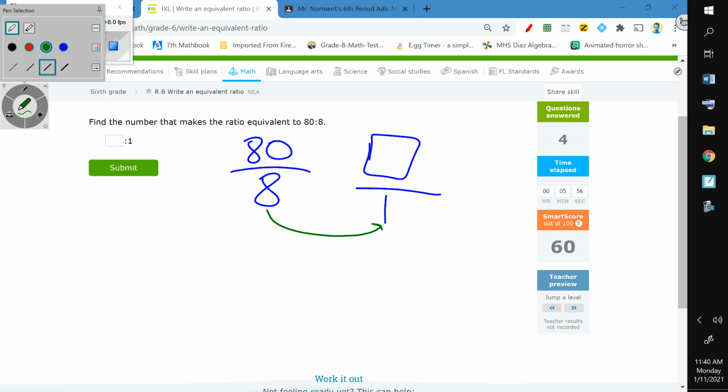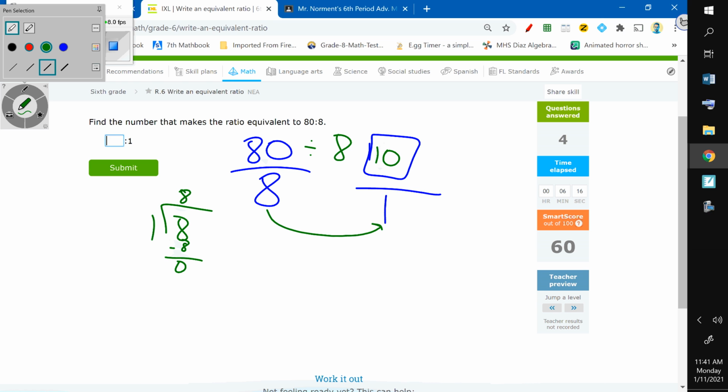If I'm going larger, I'm going to be multiplying, but I'm going smaller, so I'm going to be dividing. 8 divided by what is 1? 1 goes into 8, 8 times with no remainder. So 8 divided by 8 is 1. So I'm going to divide this number by 8 to get 10, and that's my answer.